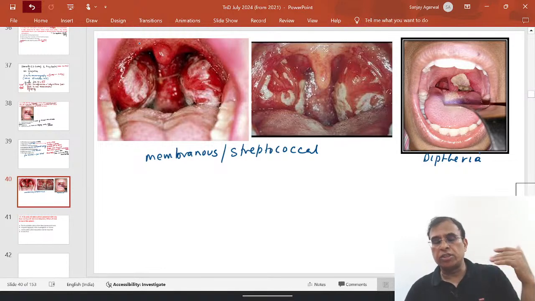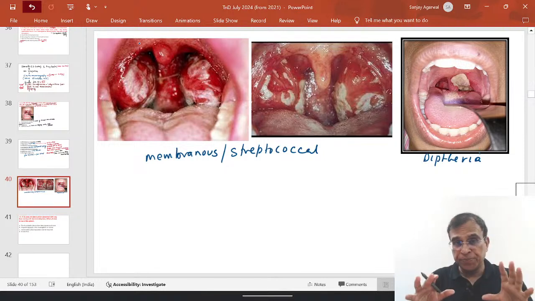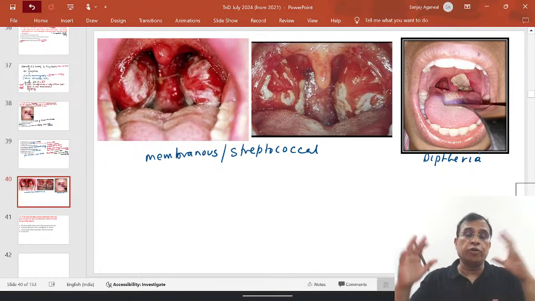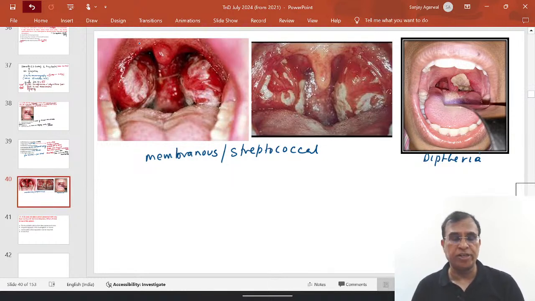In membranous or streptococcal tonsillitis there are multiple patchy membranes, not well formed like the diphtherial membrane, and they are within the tonsil, not going out of the tonsils, as you can see. And there is very significant tonsillar hypertrophy in streptococcal or membranous tonsillitis. So these membranes can be differentiated very easily from each other.